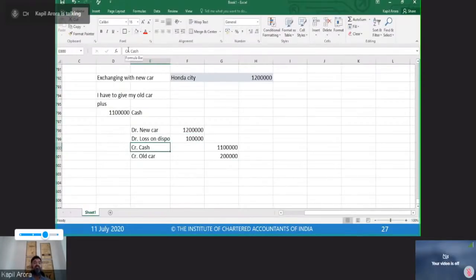And that loss will be recorded in the profit and loss account. I hope everyone is clear with the concept. Right? I believe everyone is clear with the concept, and we can take care of this.